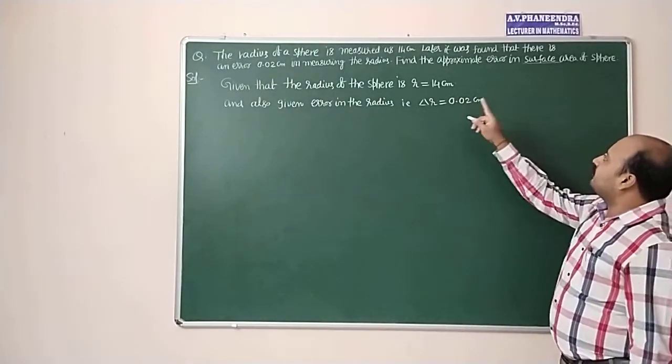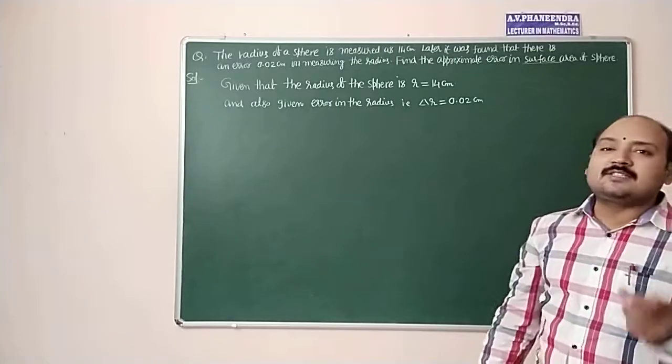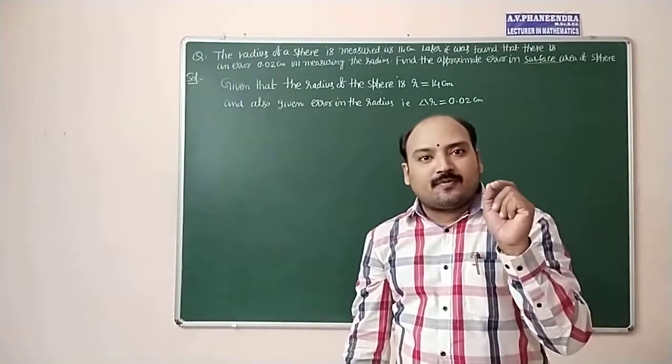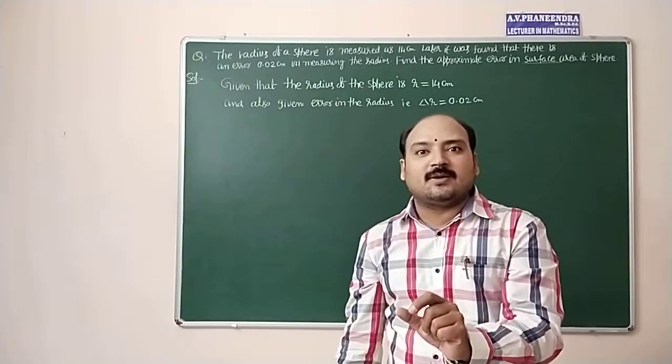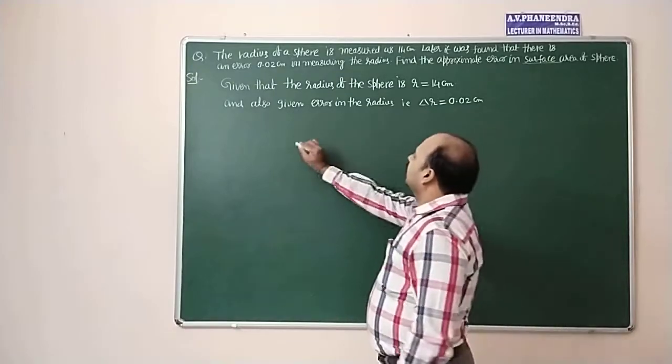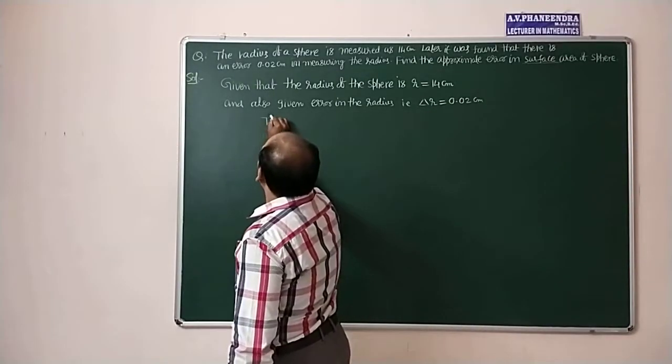After that they are asking to find the approximate error in surface area. Surface area is denoted by S. Surface area of the sphere is S is equal to 4 pi r square.